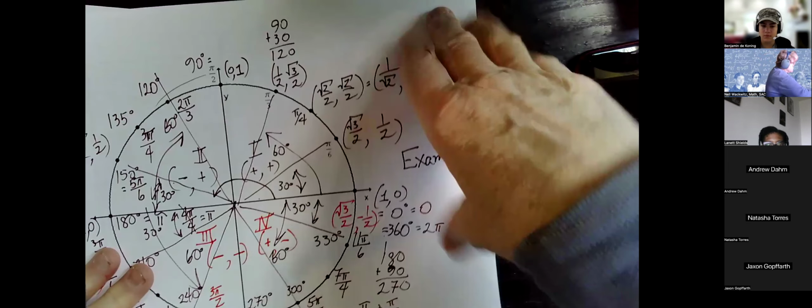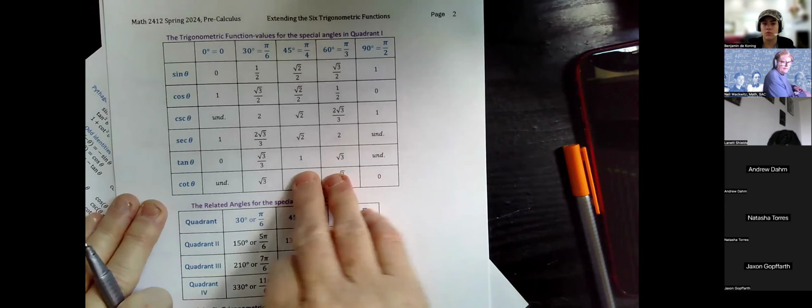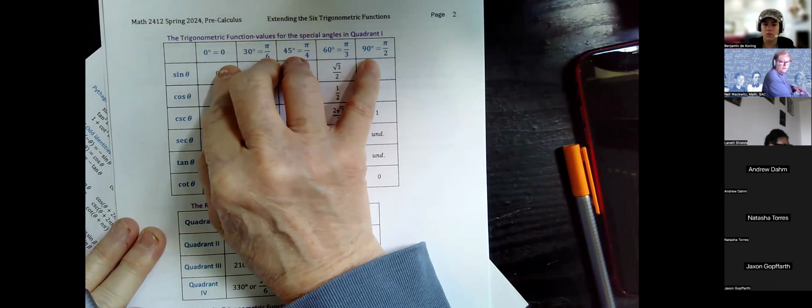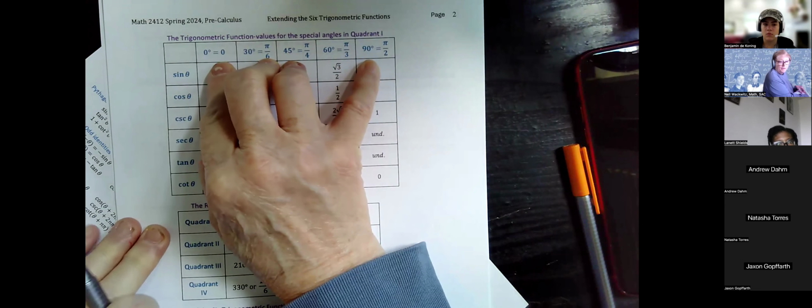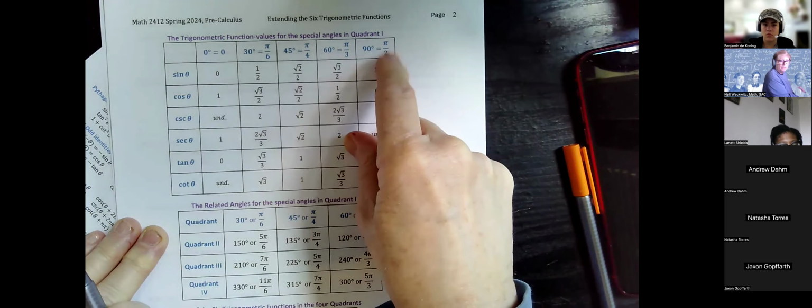All right. So a thing that I did is I wrote out the first quadrant values for the primary angles: 0, pi over 6, pi over 4, pi over 3, pi over 2.